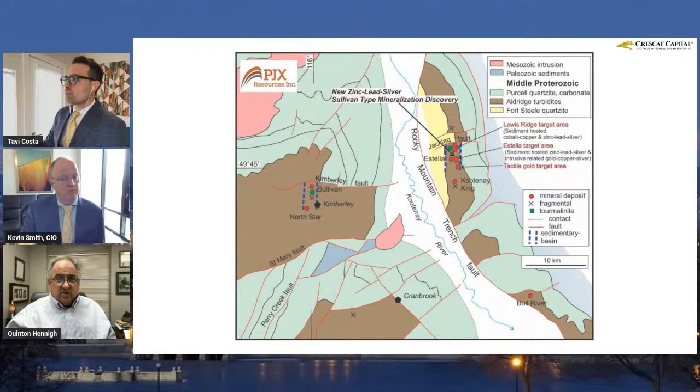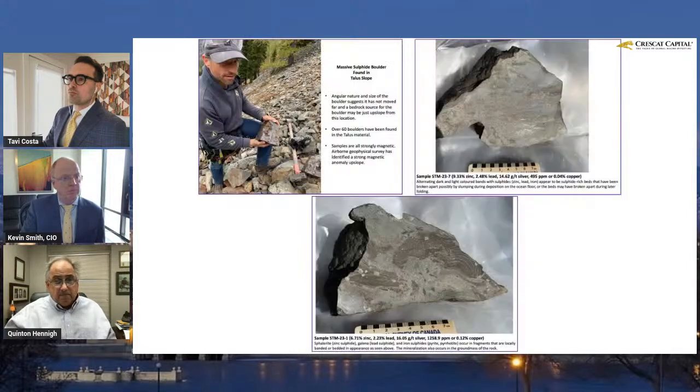This Estella mine was a historic mine that was there. My view is Estella was probably a feeder zone for a SEDEX deposit, and now these guys have found the Sullivan-type bedded deposit. In my view, I think they're onto a major discovery in basically the same kind of rocks. Let's go to the next slide.